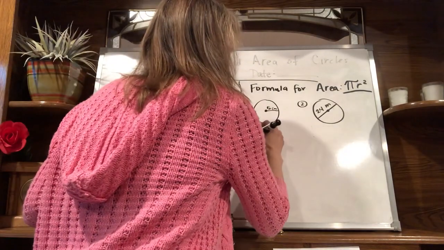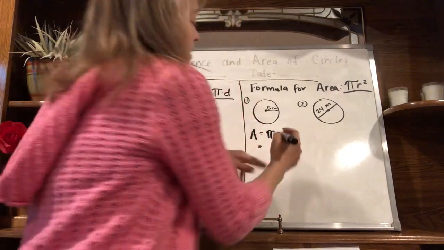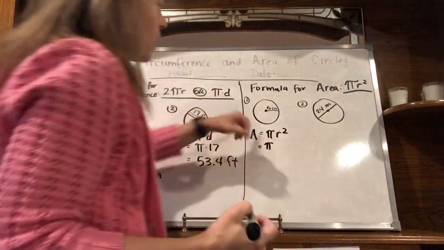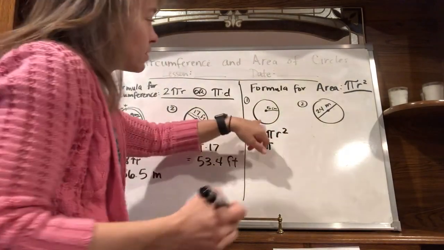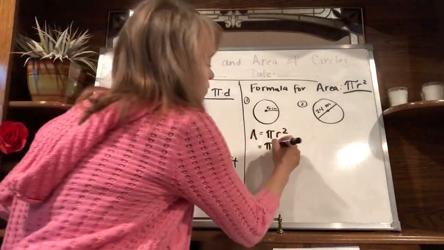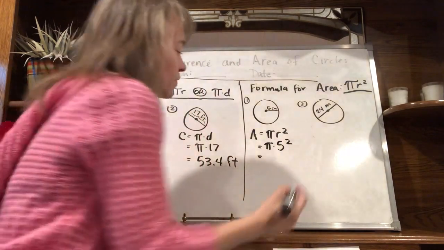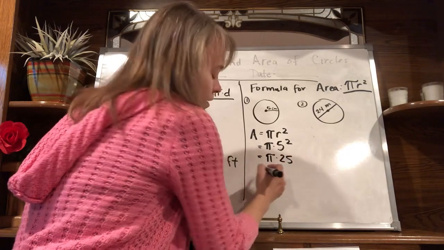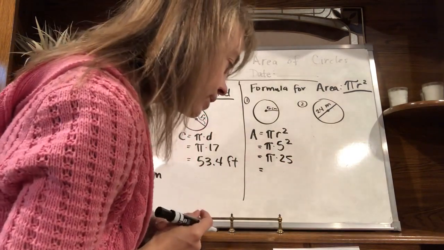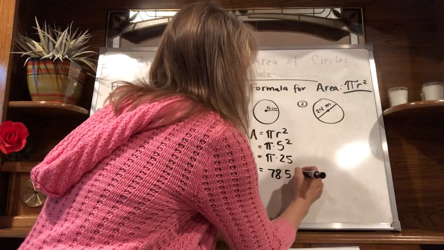On the side for area, I'm going to do a couple of those. We have area equals pi r squared for our formula. We have pi, as always, and then this time our radius is 5, so 5 squared. 5 squared is 25. So pi times 25, or 25 pi, is, I get 78.5.